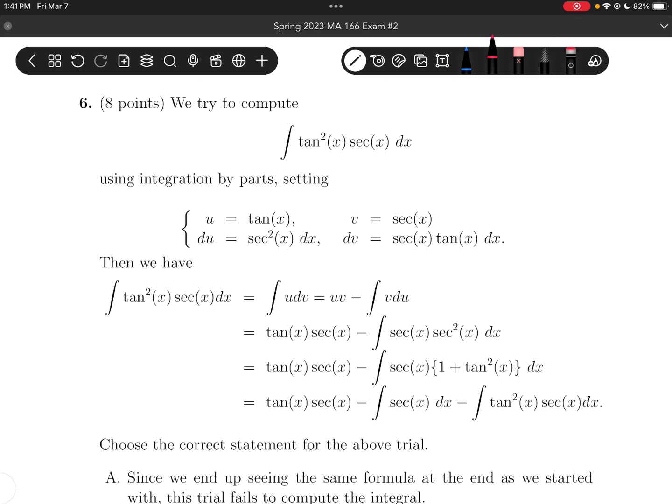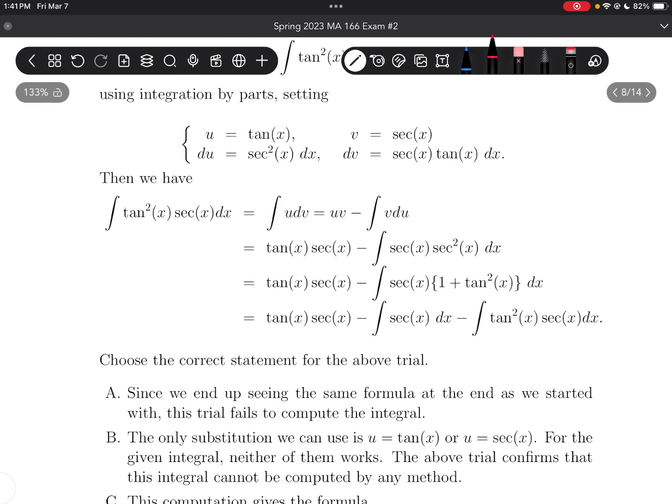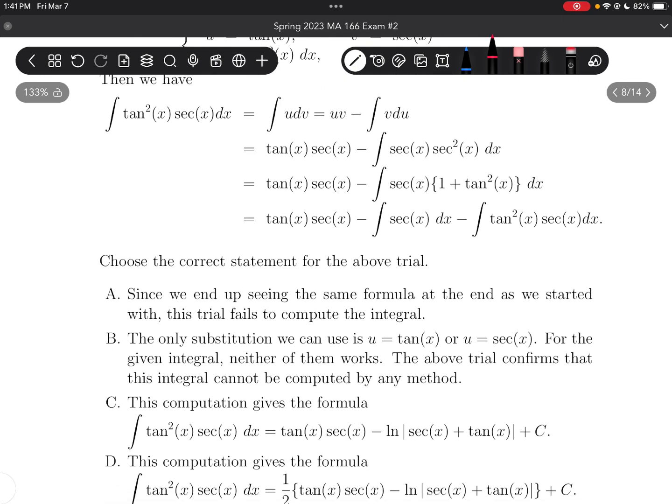And then du would equal secant x squared, dv would equal secant x times tangent x. And then they end up doing all of this math, and ultimately they find that the antiderivative of tangent x squared times secant x is equal to tangent x times secant x minus tangent x squared times secant x.